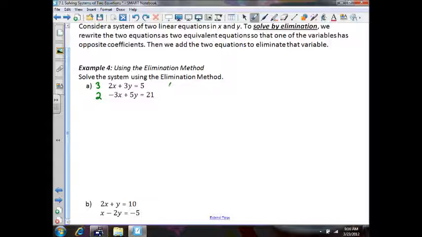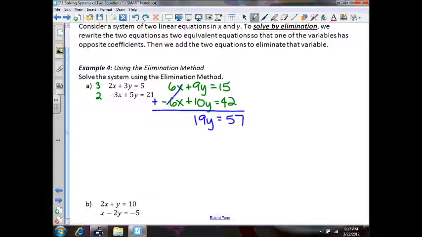So when we do that, we'll have 6x plus 9y equals 15, negative 6x plus 10y equals 42. When you add down, we'll have 19y is equal to 57 because the x's go away. Dividing by 19, y will equal 3.